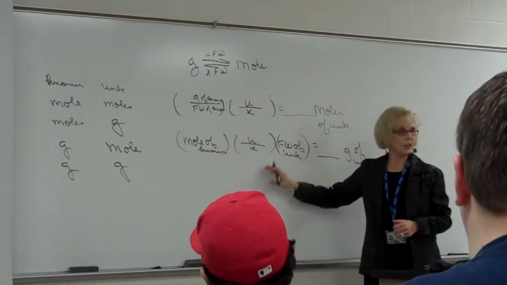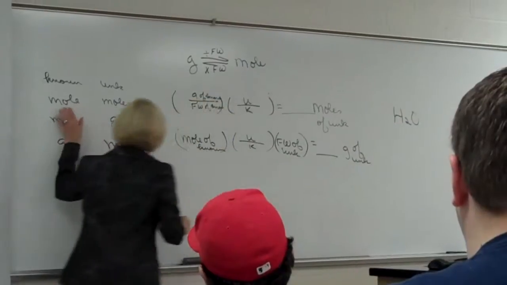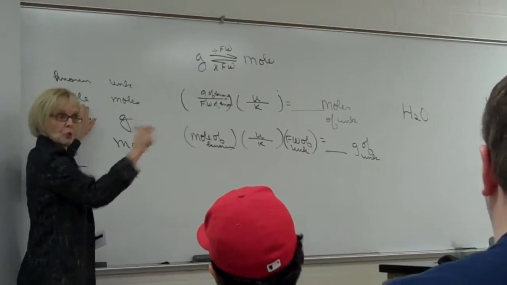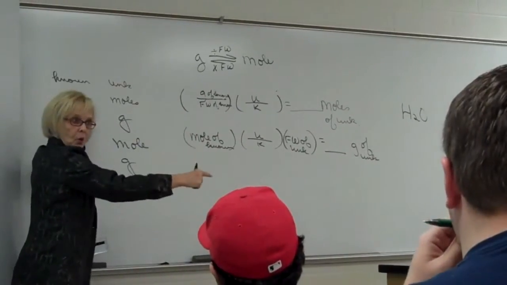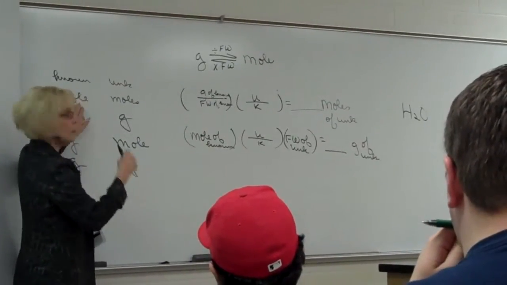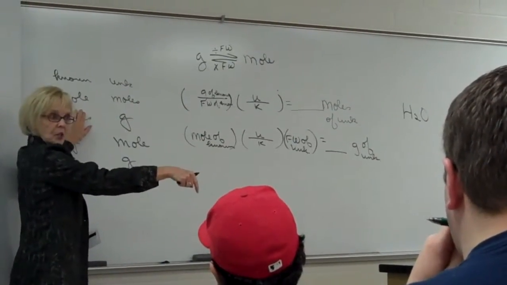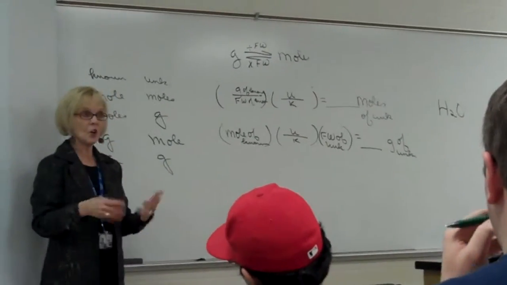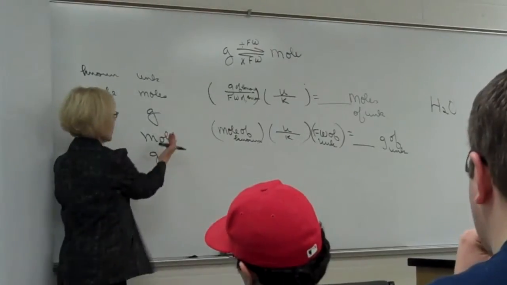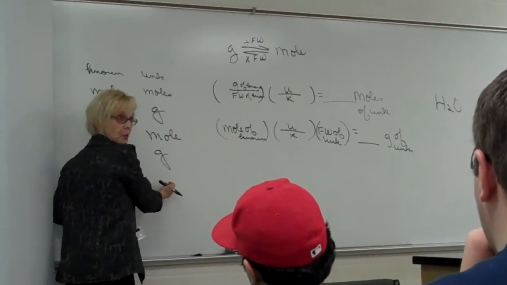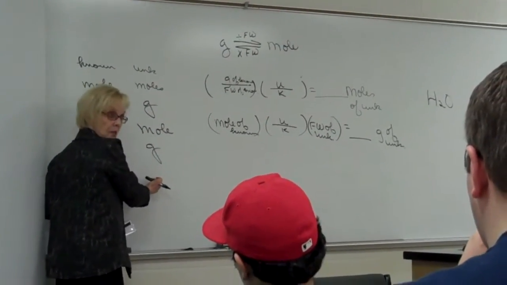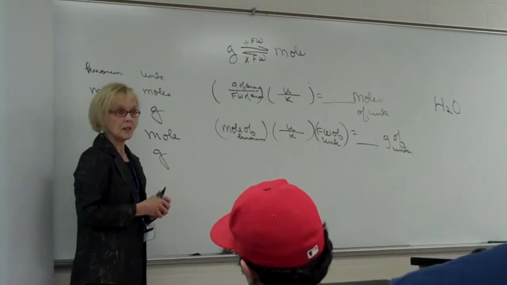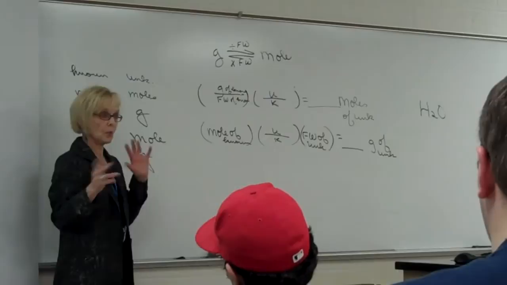Now, when we're talking here, we've got a chemical equation. We are talking about two things within that chemical equation. One of them has been designated as the known by how the problem is worded. The other is the unknown by how the problem is worded. So we've got two separate substances. That's why it's not that easy, just like that. Okay, are we all right on that?